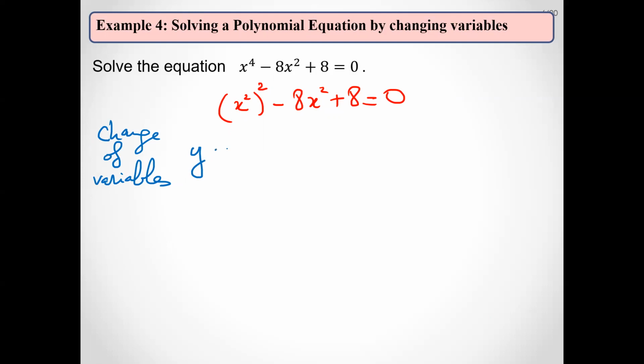So we call y equals x squared and we replace it in the equation. Every time we have x squared we replace it by y. That gives us y squared minus 8y plus 8 equals 0, and we get an equation of degree 2 in y, which I know how to solve.